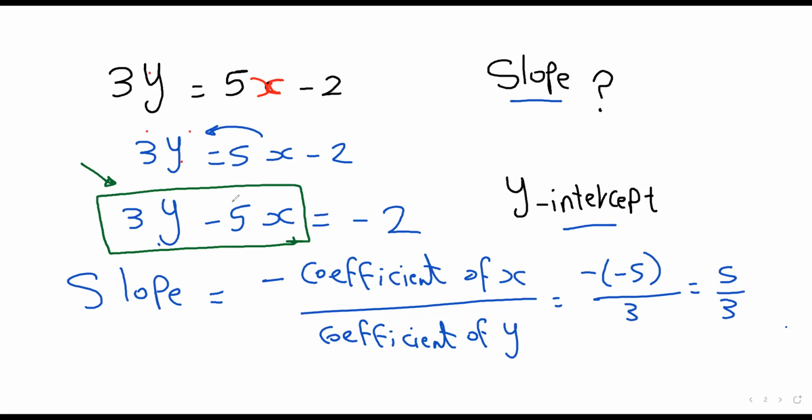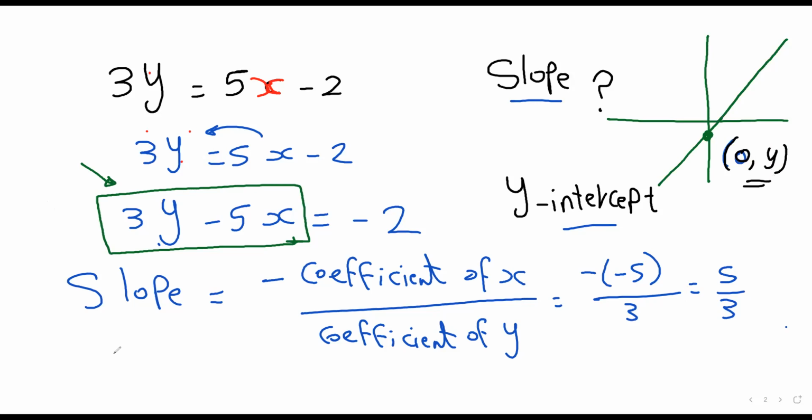How can we get the y-intercept here? The line crosses the y-axis at a point, and at that point x is always 0. So to get the y-intercept, substitute x equals 0 in the equation.